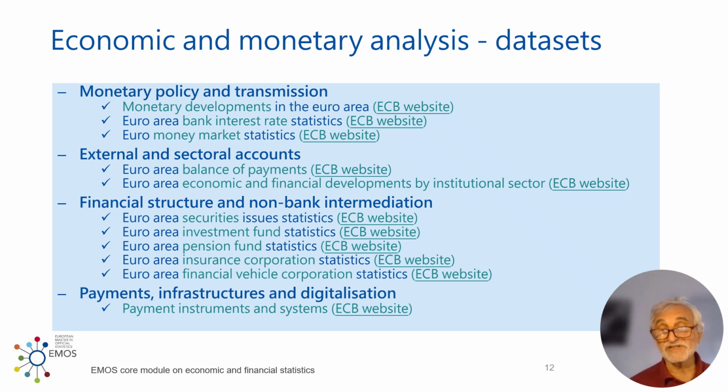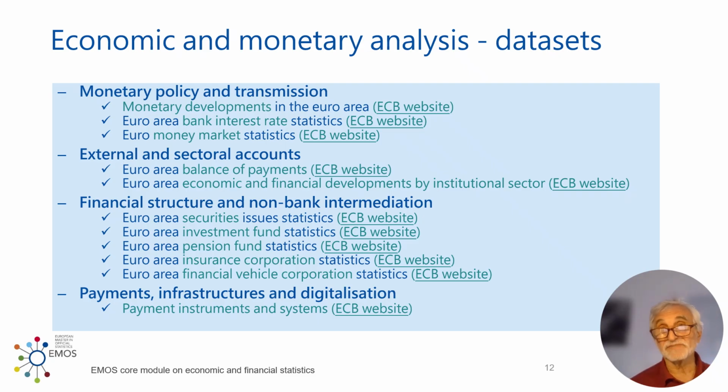So for its decision making, the ECB and the Eurosystem obviously use other statistics which are produced by the European statistical system, or by Eurostat, or they are produced by the International Monetary Fund, the Bank for International Settlements, the OECD, or they are actually bought from the market.